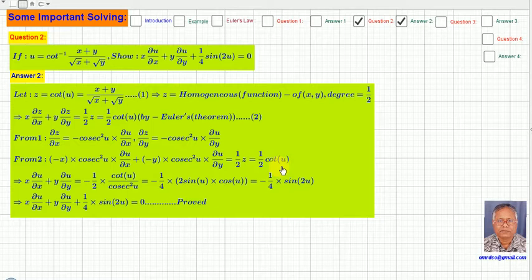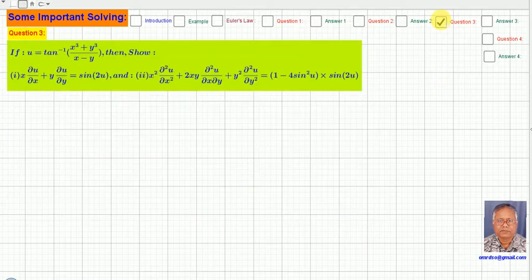So x times del u del x plus y times del u del y is equal to minus half times cot u upon cosec square u. When you solve it, you will get 1 by 4 sin 2u. So x del u del x plus y del u del y plus 1 by 4 sin 2u is equal to 0. Right? And the problem.